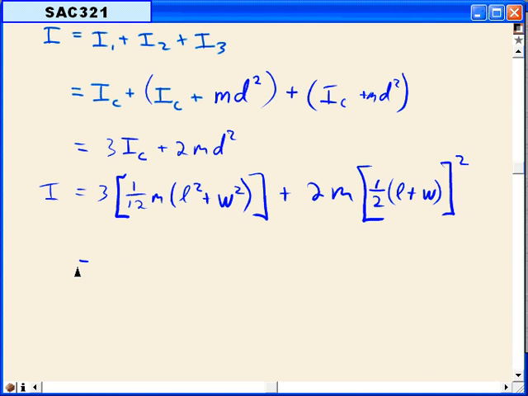So what do we get? 3/12 is 1/4. Then times m times L squared. I think I'll multiply that through.